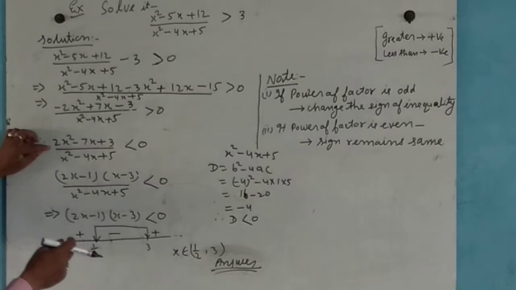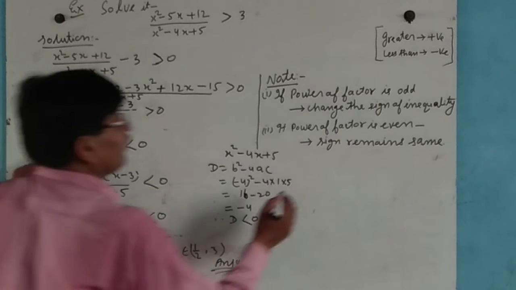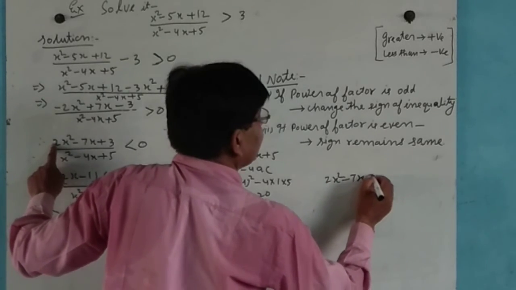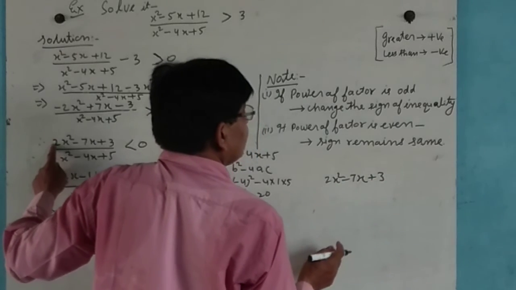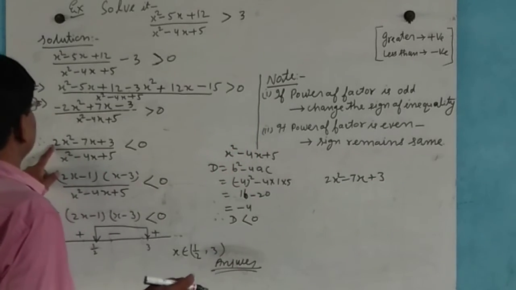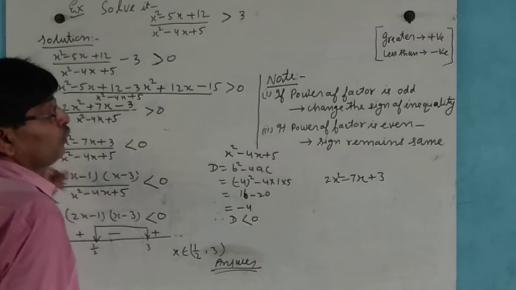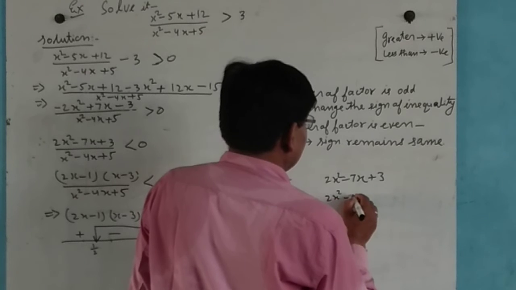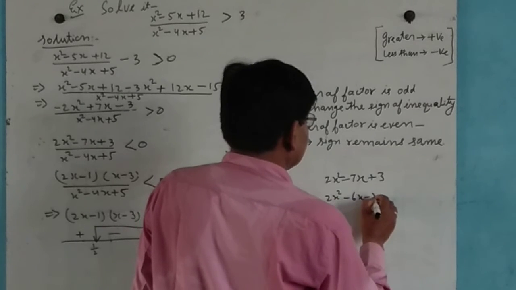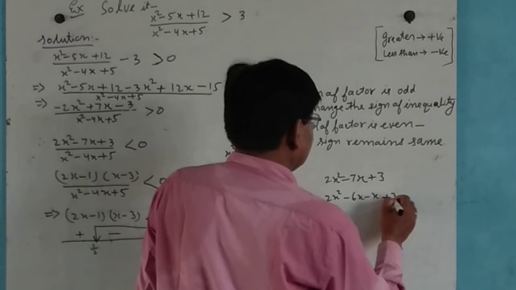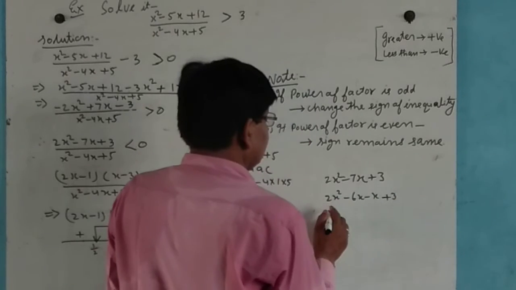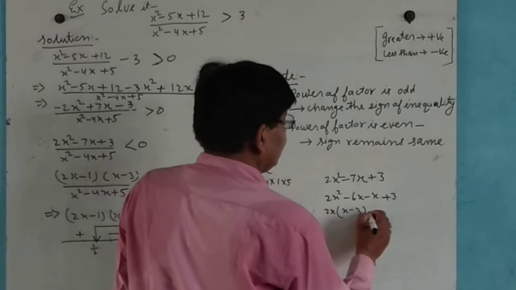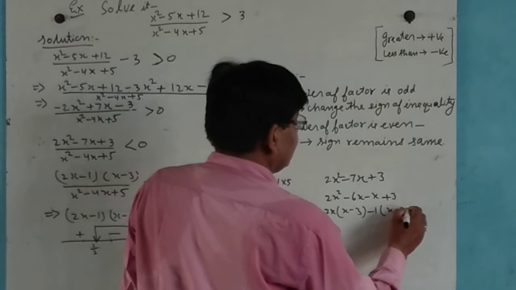Now 2x square minus 7x plus 3 is 2x square minus 6x minus x plus 3, and we factorize it. 2x, x minus 3, minus 1, x minus 3.